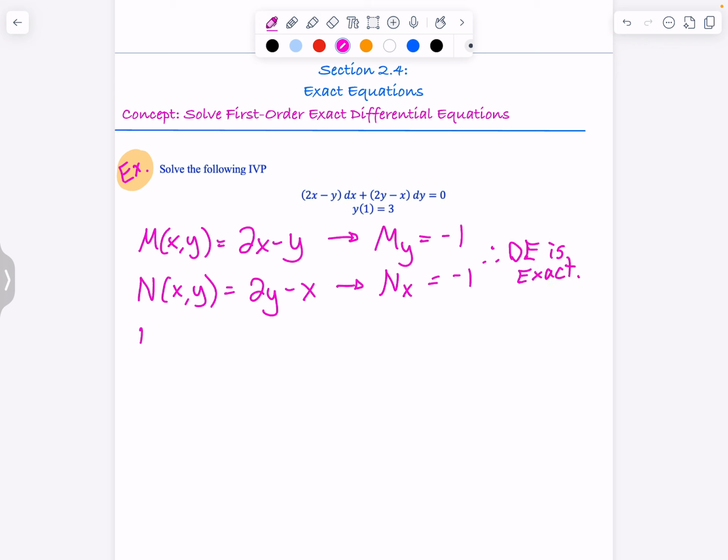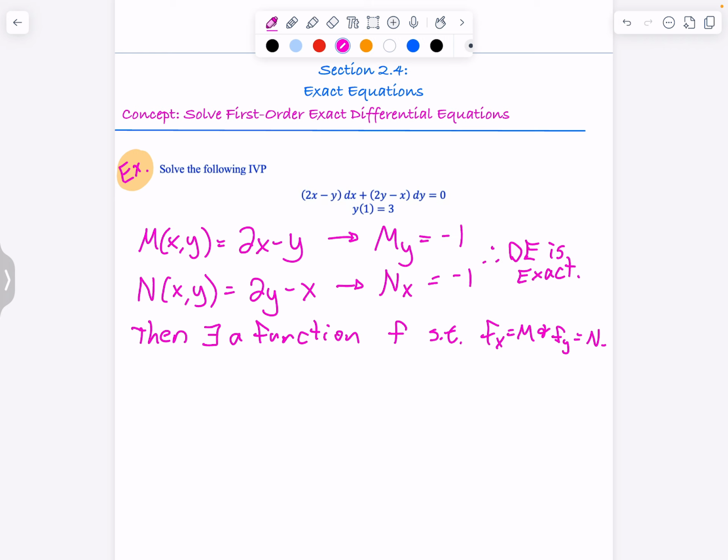All right, so I like writing these statements out that I did in the last problem, because it just helps me know where to go. So then there exists a function f such that f_x equals M and f_y equals N.